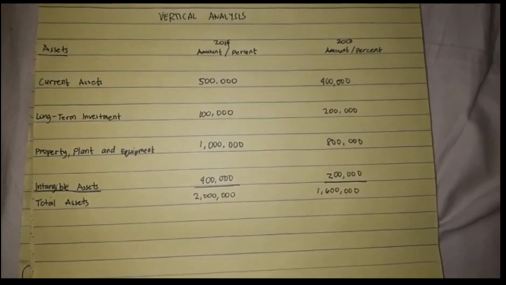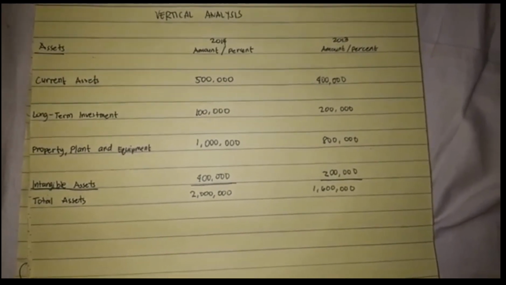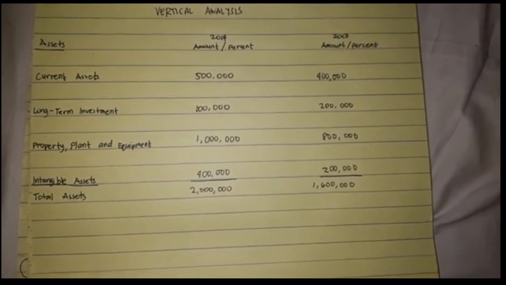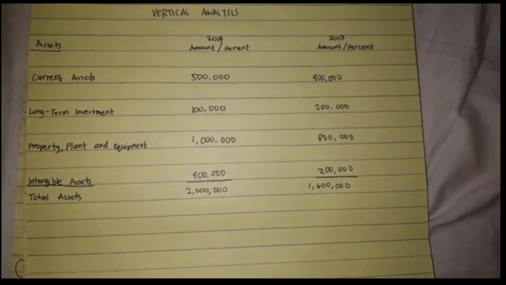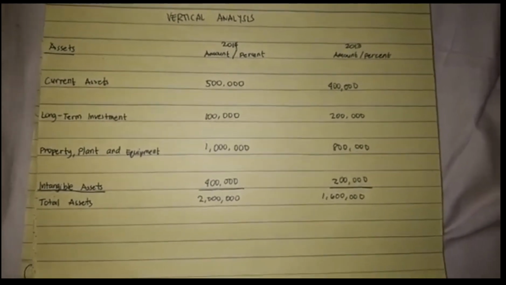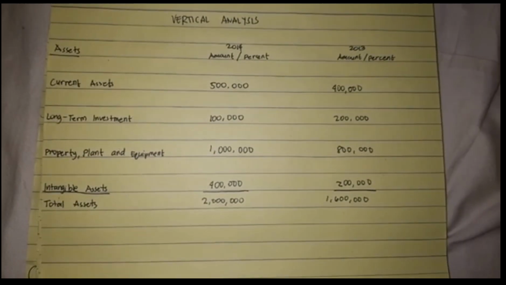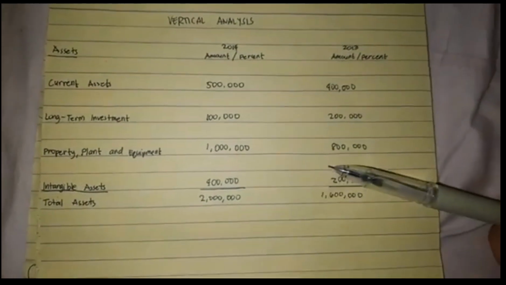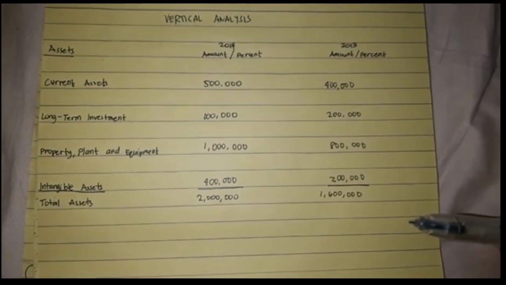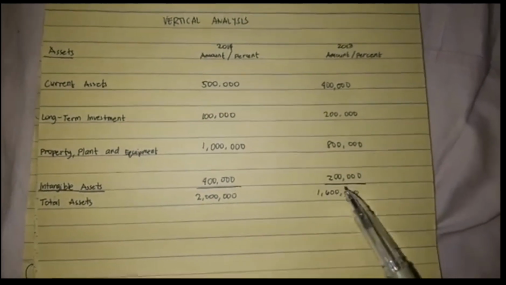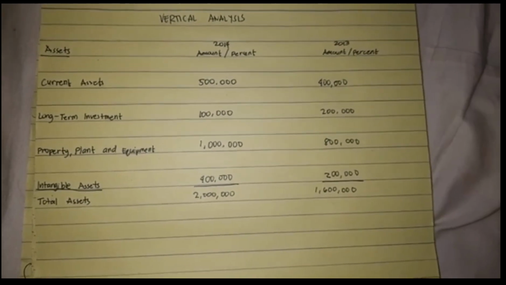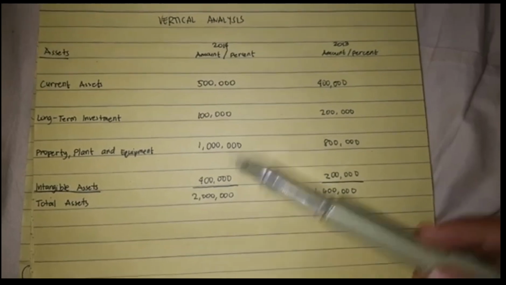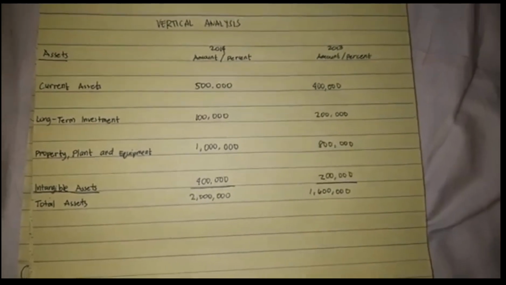You will many times do this with the whole balance sheet and take a look at the vertical analysis of the whole balance sheet, but I'm going to take a snapshot of just the assets and see if we have some changes from year to year and what percentage of the total assets they are. So that's what we'll take a look at here.